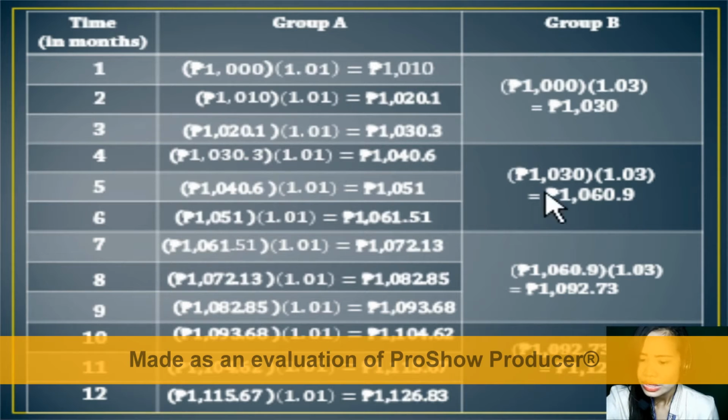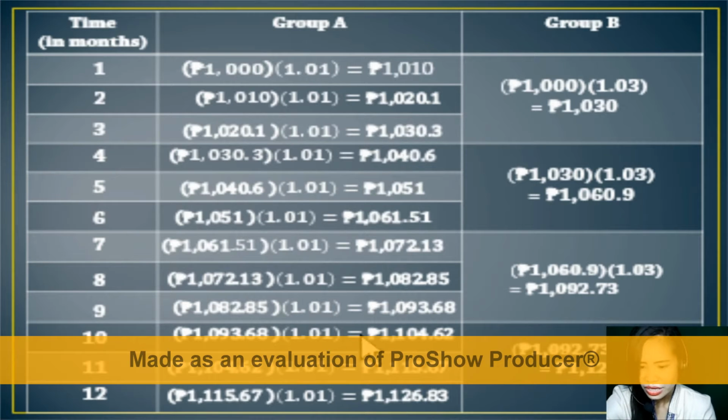So, as you can see, the two values differ. If it is compounded monthly, you will have more investment compared to compounded quarterly.